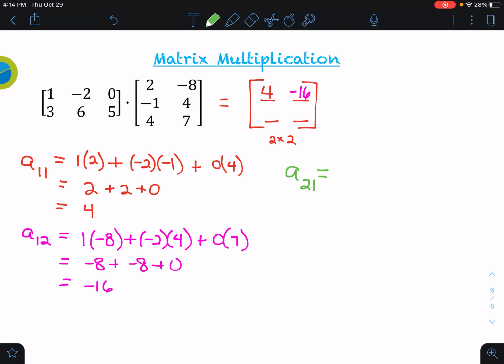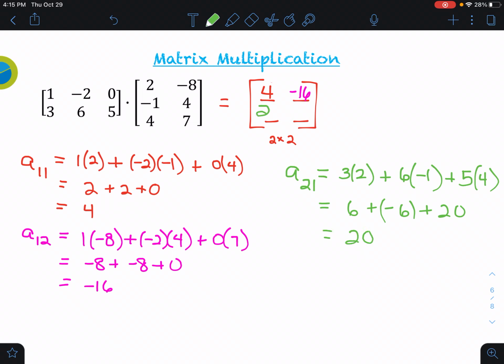So I'm going to write it out. 3 times 2 plus, notice I'm adding these when I multiply those entries, and then I add the numbers up in between. So 6 times negative 1 plus 5 times 4. Okay, that's 6 plus negative 6 plus 20. Okay, that would be 20. So that goes right here.